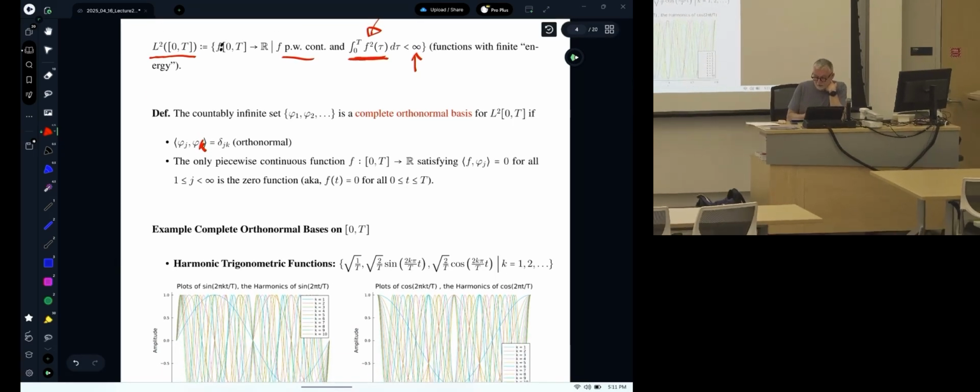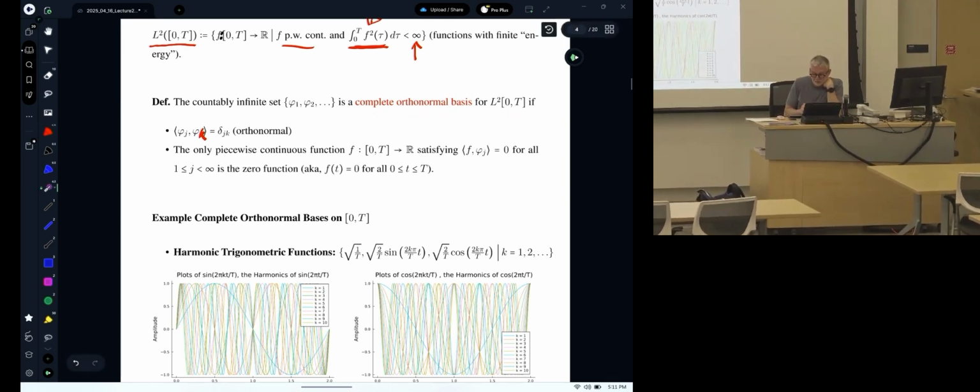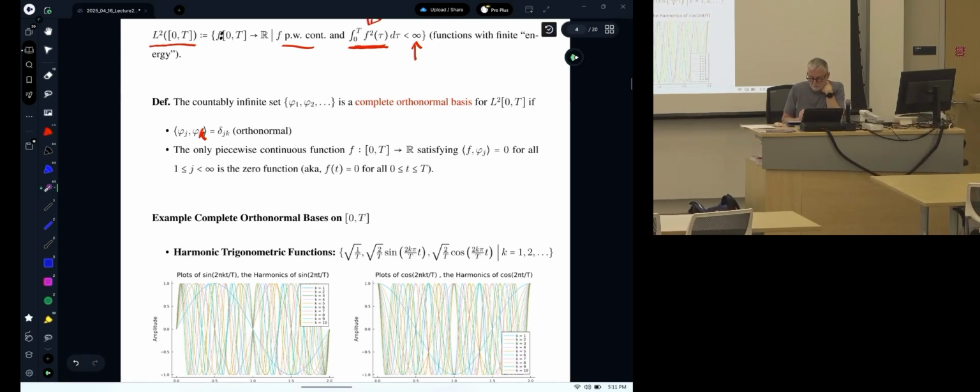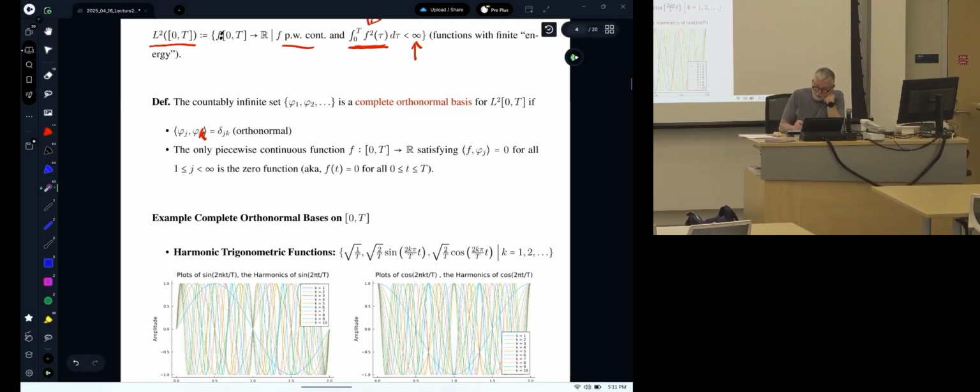We'll say a countably infinite set is a complete orthonormal basis for this vector space if the functions are orthonormal, meaning the inner product of phi j with phi k is 0, and phi j with itself, which is its norm squared, has to equal 1.